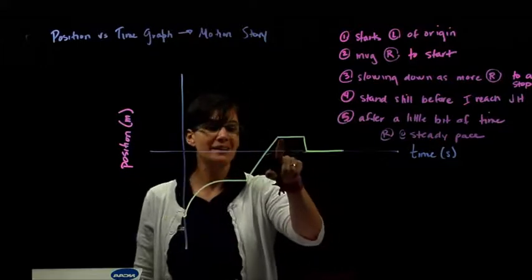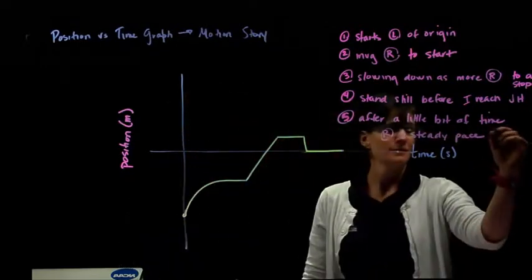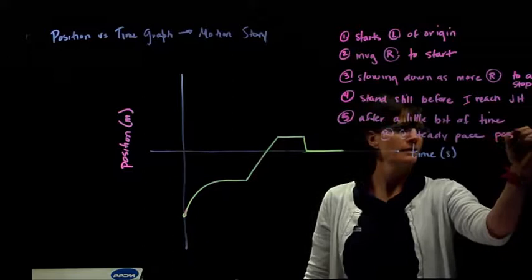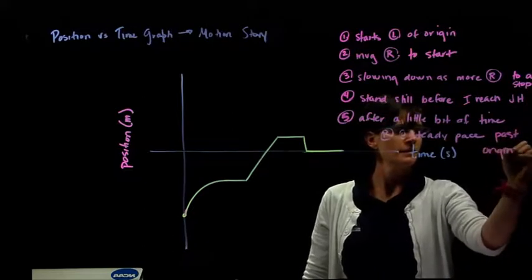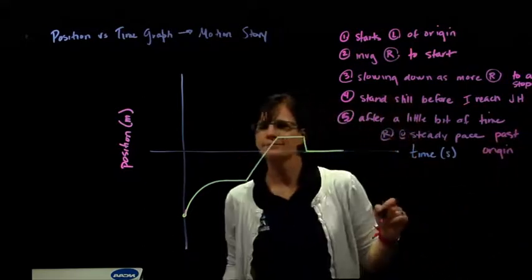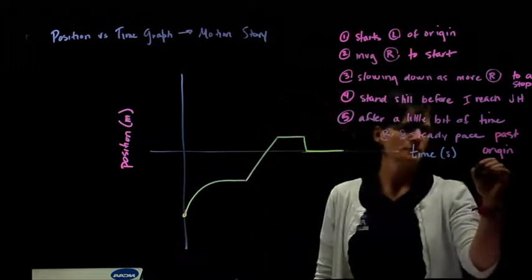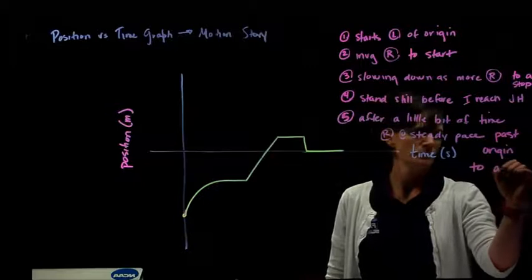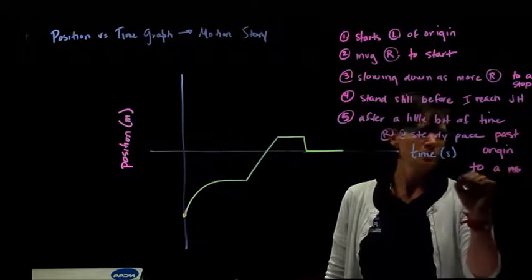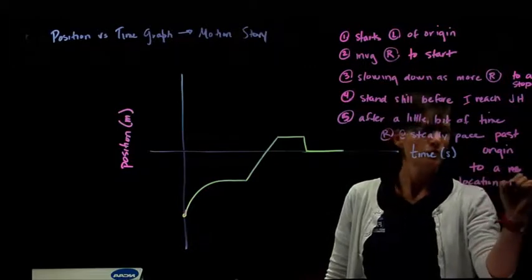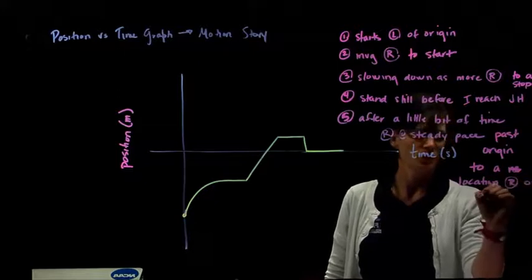I go past the origin, where I reach my car in the parking lot and get my keys out, staying still, at a location to the right of the origin.